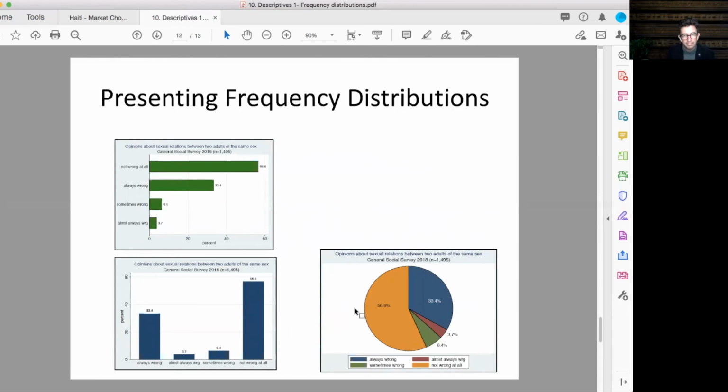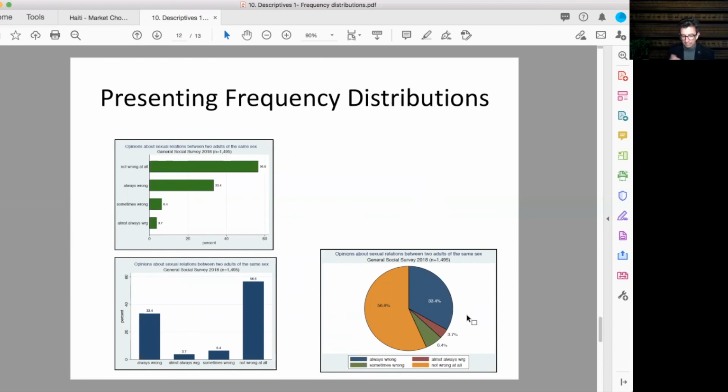So here is an example of this. This is, of course, the table with the relative frequency distribution for the variable of tolerance of homosexual relationships in 2018. This is a bar chart. You can make horizontal bars, or we can make vertical bars, or we can make pie charts.